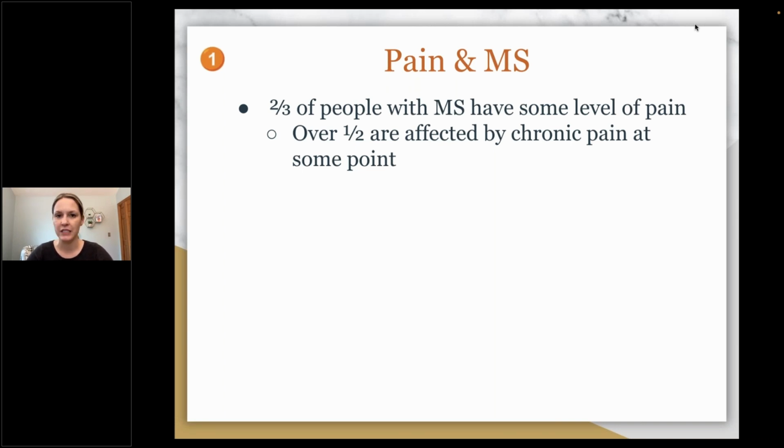And there's lots of different types of pain when it comes to MS. We're going to go through most of them, but I think it's important to know that it is common. But with that said, it's treated differently than just aches and pains that everyone gets. And even the 80% of people without MS that will also experience pain, it's different from that.